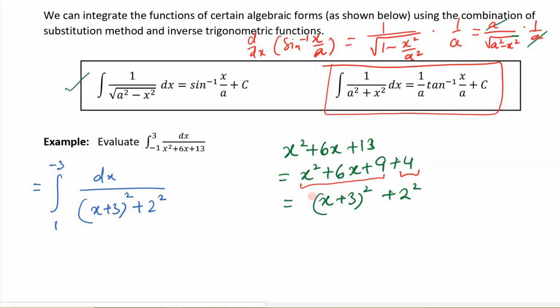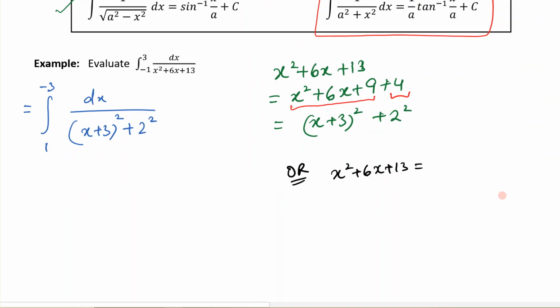Here it was easy to complete the square, but sometimes it's not as intuitive. In that case, you can follow the proper procedure. If you want to complete the square of any quadratic expression, you can always set that equal to x plus a, whole squared, plus b.